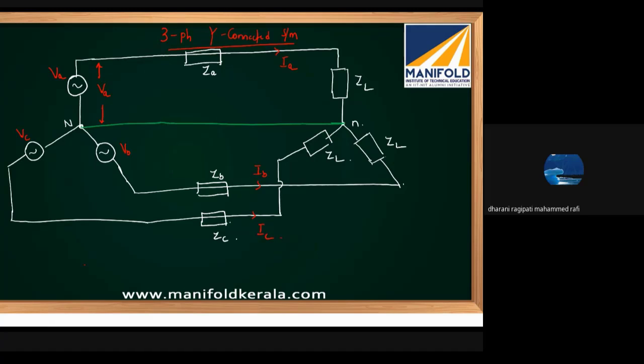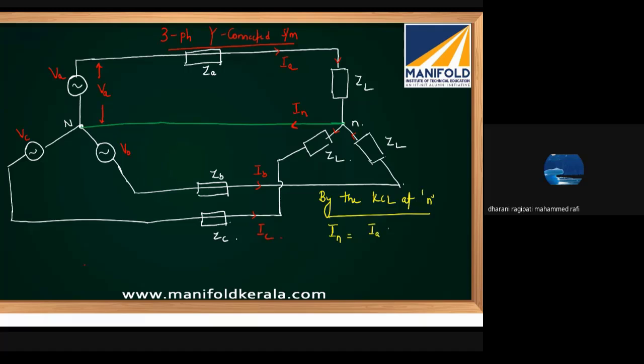Now, if you apply the KCL at the load neutral, let this be the neutral current IN. By Kirchhoff's current law at load neutral, what is the neutral current IN? The sum of entering currents must be equal to the sum of leaving currents.